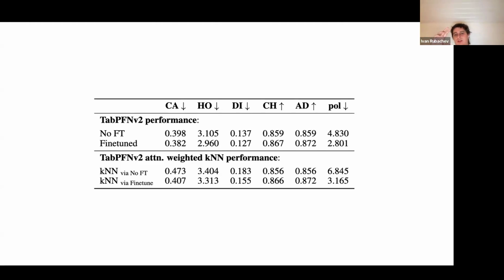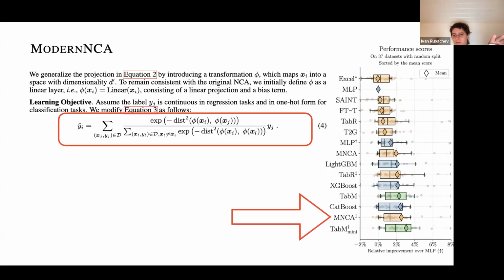So we basically look at the attention from the test example to all the training targets in the dataset that we supply in context. And we just use those attention scores to weight, like in this formula, the raw targets from the training set. We basically perform soft k-nearest neighbors classification, but with scores from TabPFN.